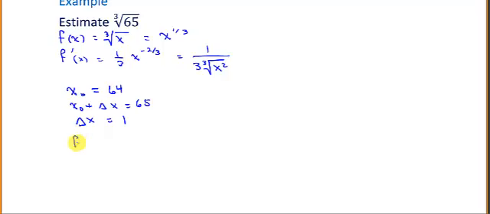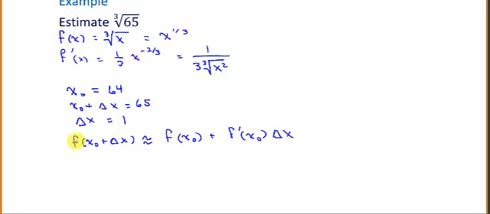So our estimating formula, f of x0 plus delta x is approximately f of x0 plus f prime of x0 times delta x.